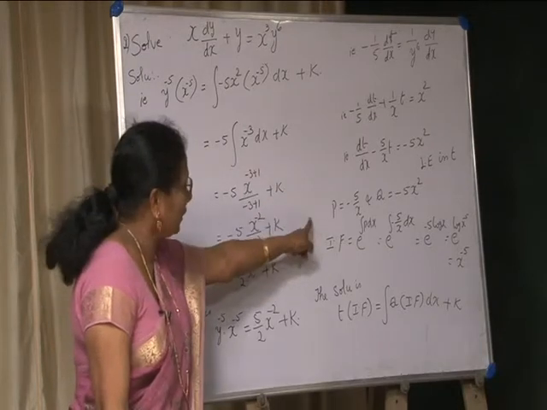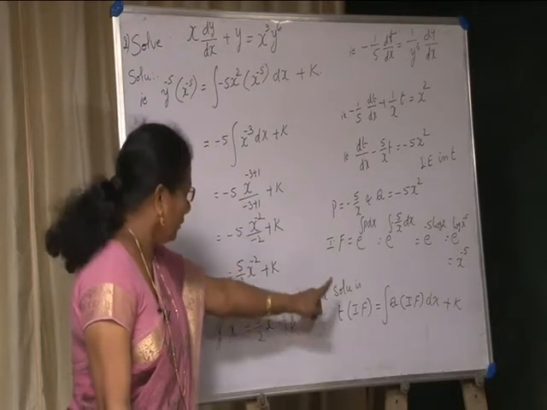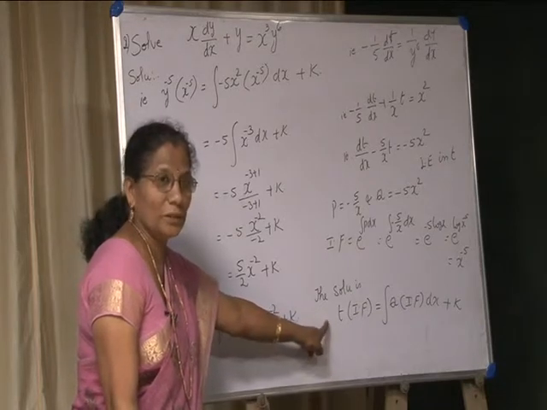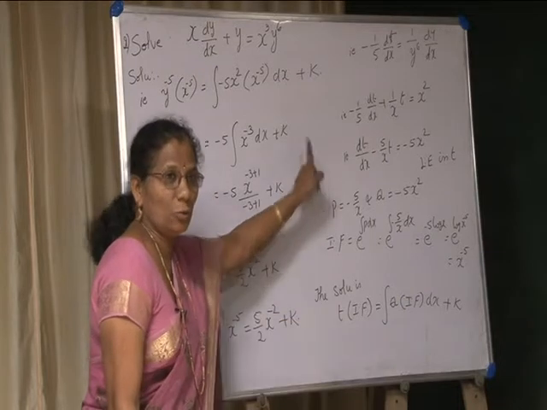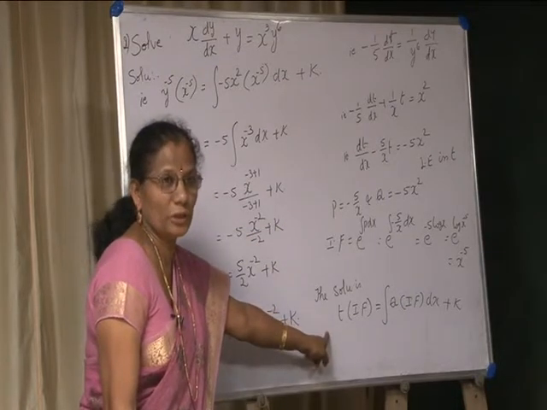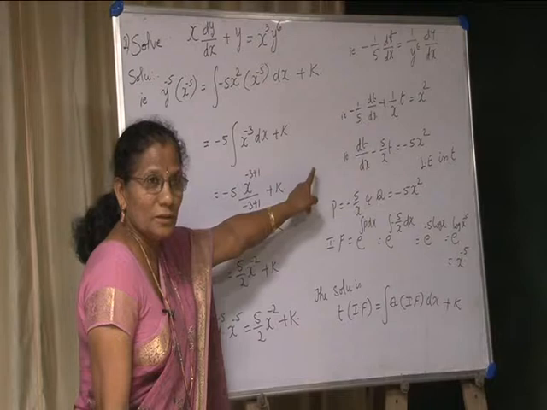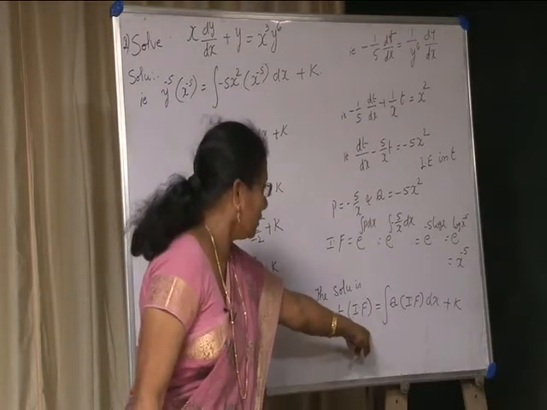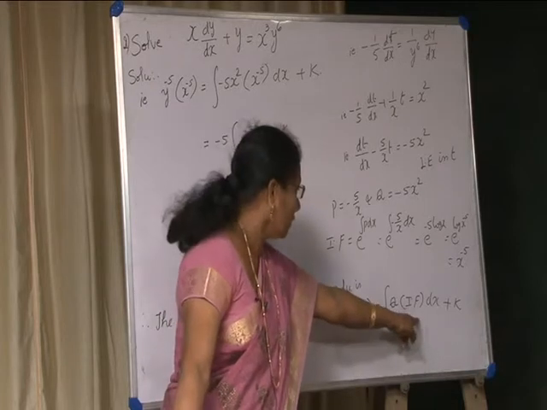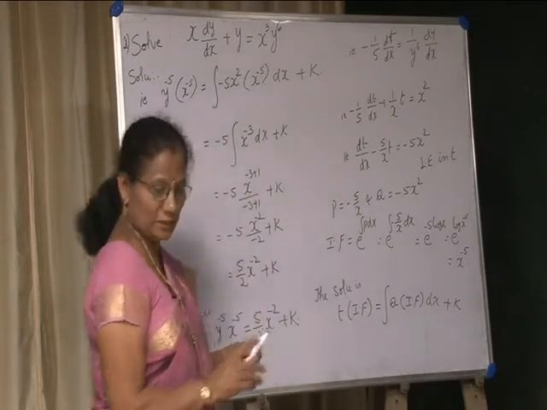First we have to find the integrating factor, then use the formula, but we have to remember while writing the formula, in the place of y, you have to take the variable which you have substituted. Here the substitution variable is t. So t into the integrating factor is equal to the integration of q into the integrating factor with respect to x plus k.